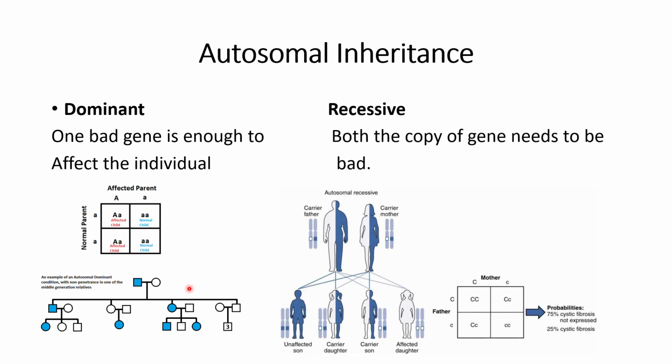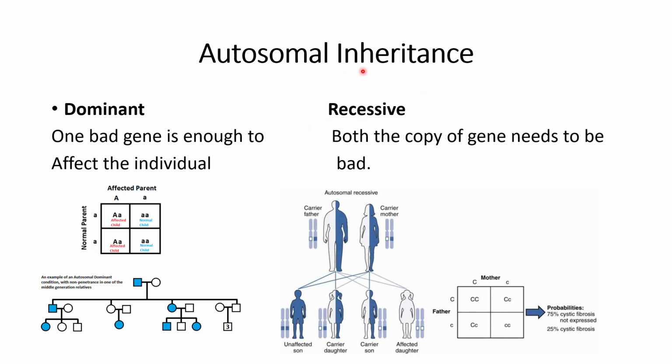I'm not able to recall the exact name, but it is related to non-penetrance in one of the middle generation relatives. Here the autosomal dominant condition is not that clinically visible, or not that penetrant, within the offspring of the first generation.